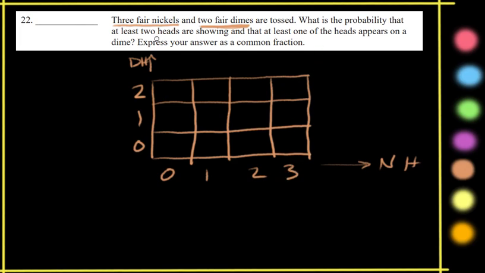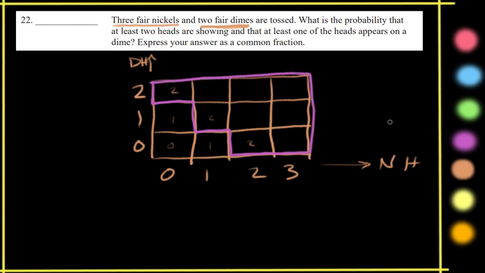So what is the probability that at least 2 heads are showing and at least one of the heads appears on a dime? So we need at least 2 heads to be showing. So this would be 0 heads, these would be 1 head, and then these would be 2 heads, right? And so if I can highlight where there's at least 2 heads with this purple region here, it's going to be whenever you're above this line, all this region here.